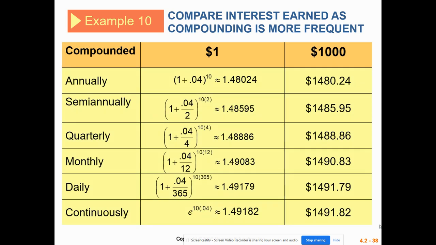They want you to notice the difference between compounding it annually, that is calculating interest once a year, to semi-annually, that's twice a year, to quarterly, that's 4 times a year, to monthly, that's 12 times a year, to daily, that's 365 times a year, and finally to continuously, and that's that different formula. So there is a difference, but in most cases, for the amount of money we're starting with, it's not a gigantic amount of money.